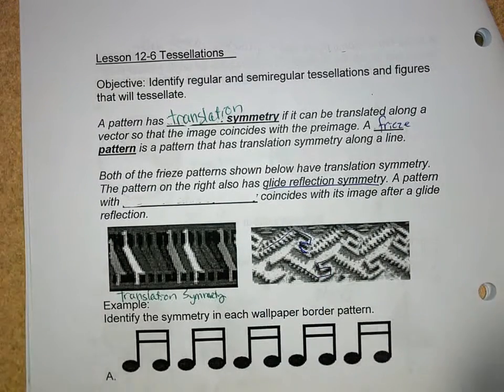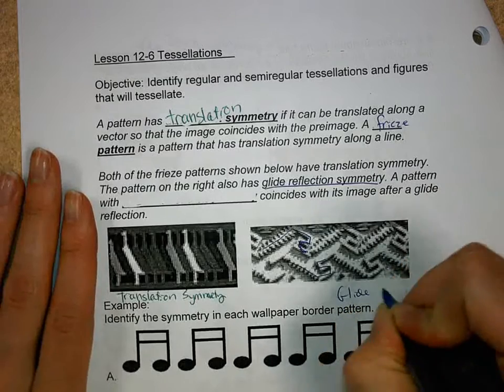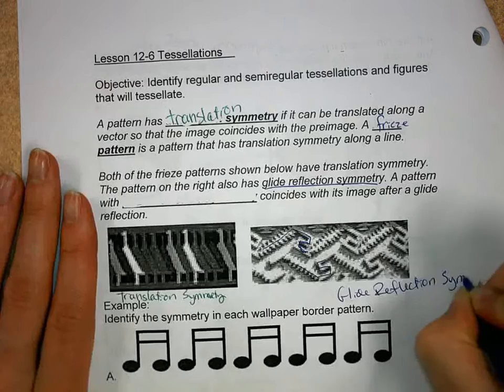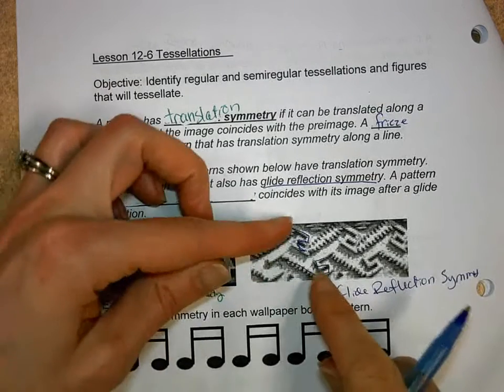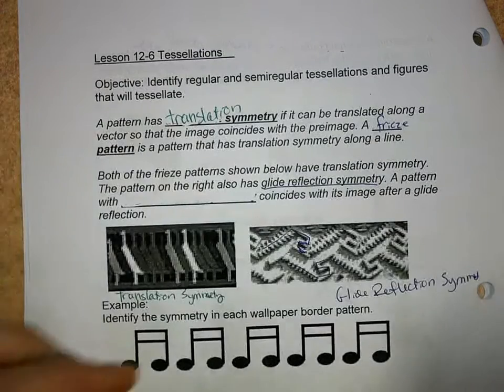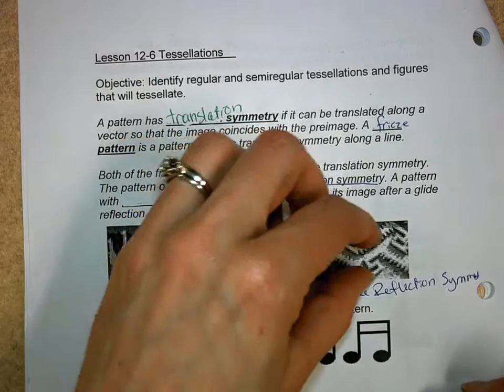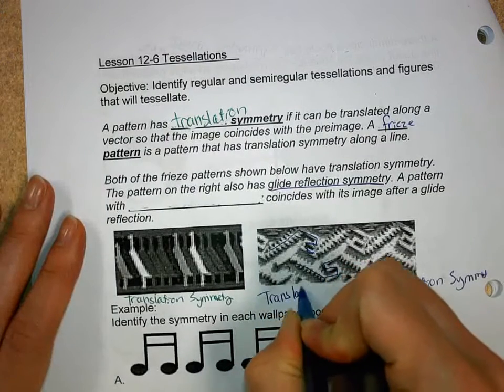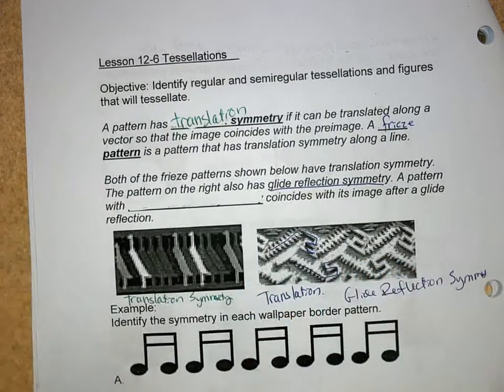Aren't you so excited? So this would be a glide reflection symmetry. And what I'm doing, understand, is notice it's reflected and then one part of the pattern is kind of glided a little bit more. But notice this pattern repeats itself perfectly as we slide along. So could I also call this translation symmetry? Yeah. So good.